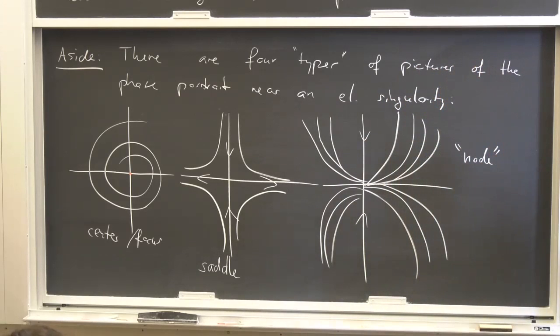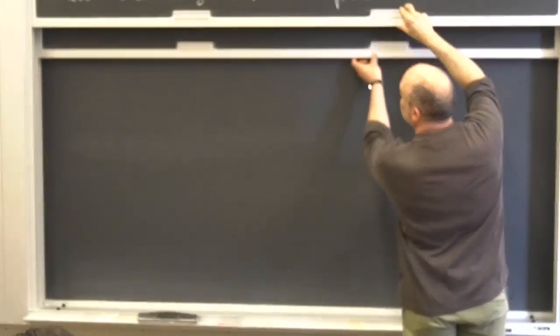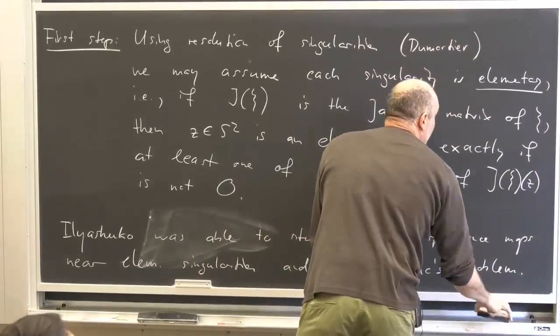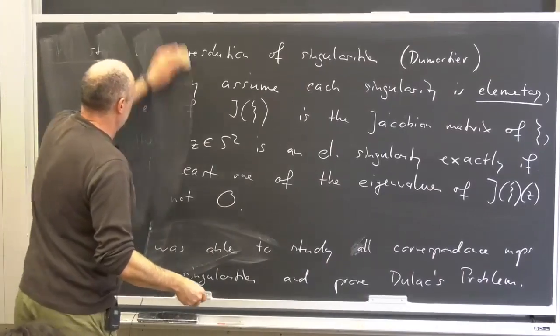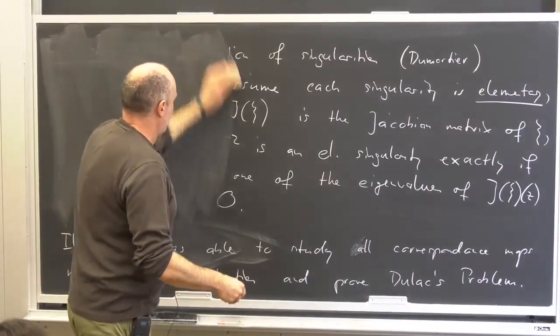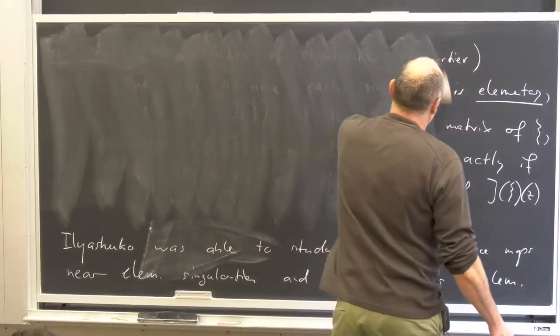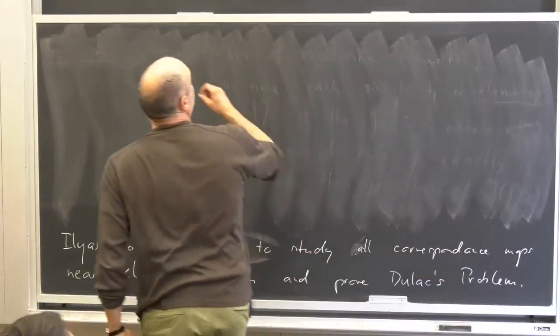And then the final one is the so-called saddle node, which I'm going to draw a quick picture of.